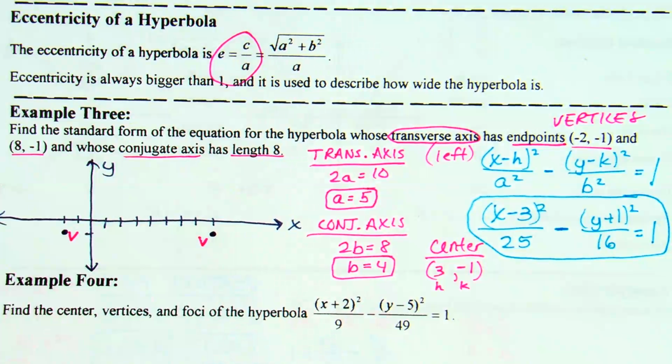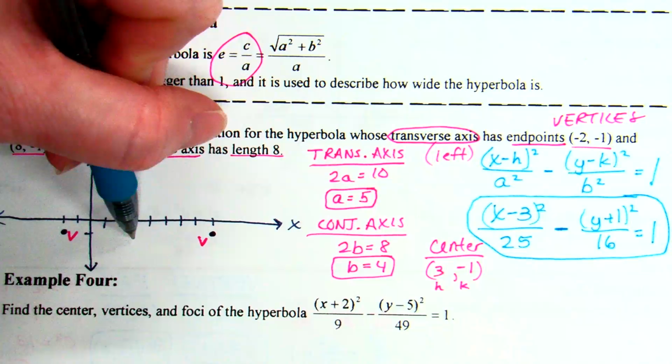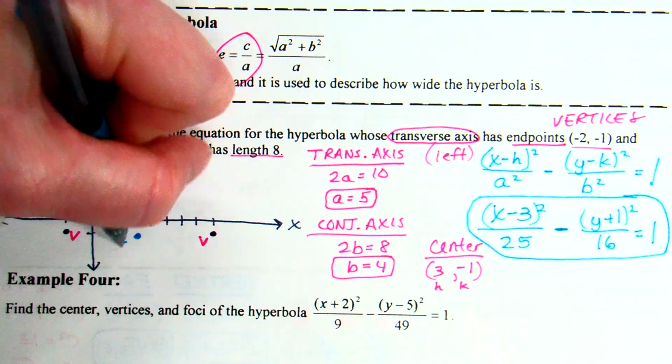If we haven't already done the rest, you've got your vertices, yes? Can you find your center if you haven't already found it? You can find your center by just counting in, right? There's a distance of 10, so count in 5 each way. So there's that center we already had.